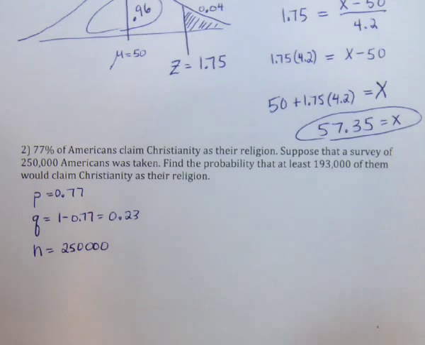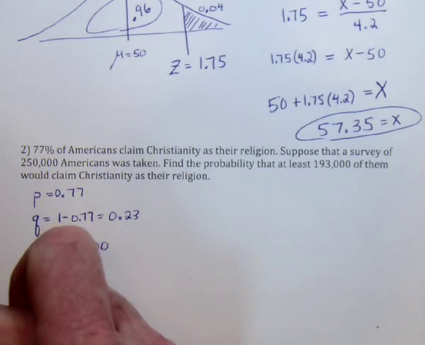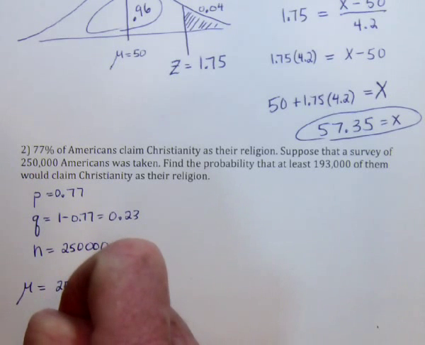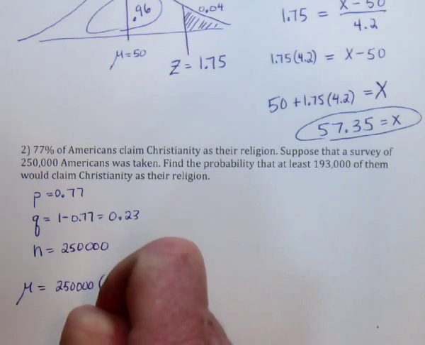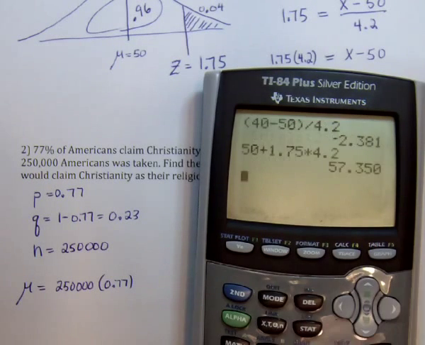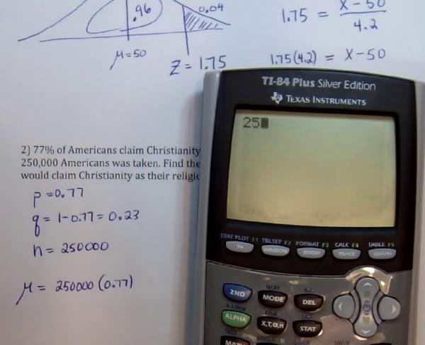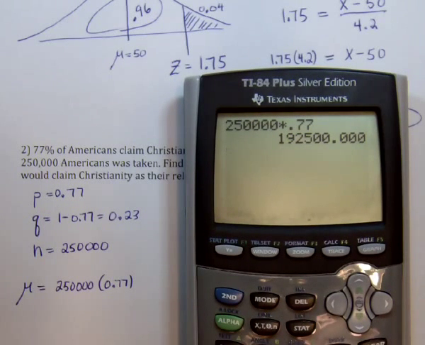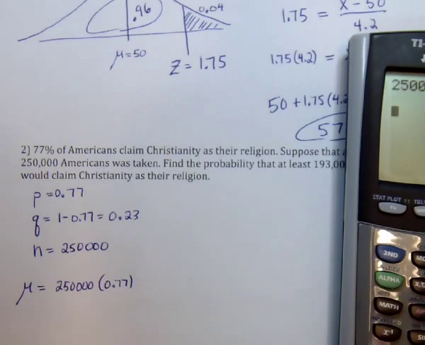And then we could use the formula that the mean is equal to n times p. So 250,000 times 0.77. So in other words, on average, we would expect 192,500 of those people to claim Christianity as their religion.